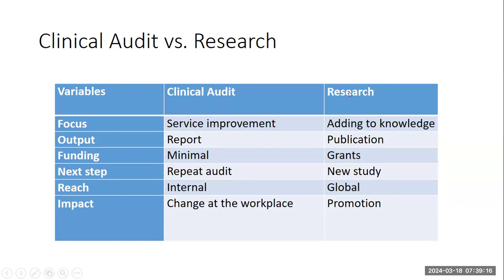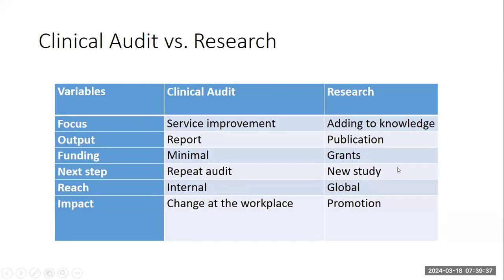So we start with hypothesis. For research, yes, there will be hypothesis because we are doing some form of experiments. Either it's an observational study or interventional study, but it's a form of experiment. You're trying to differentiate between a new intervention compared to previous standards.